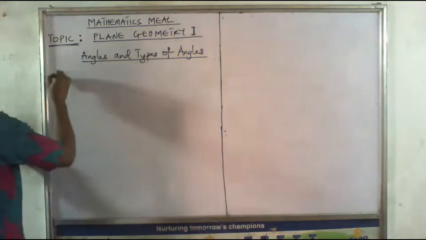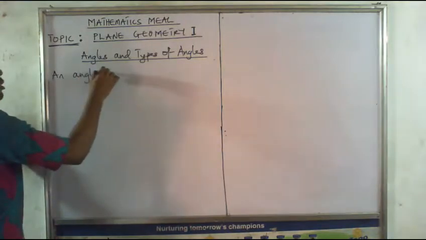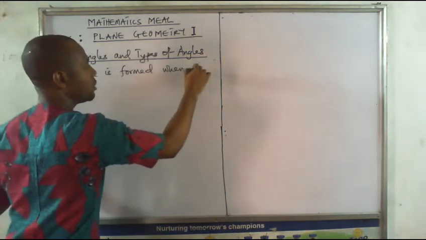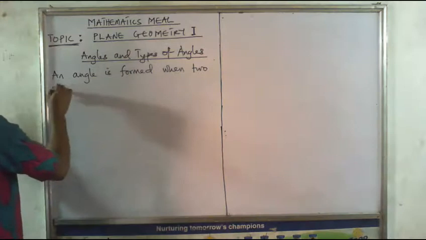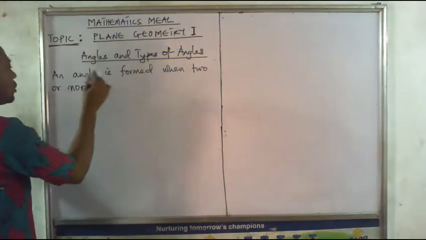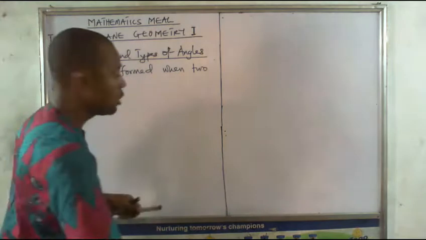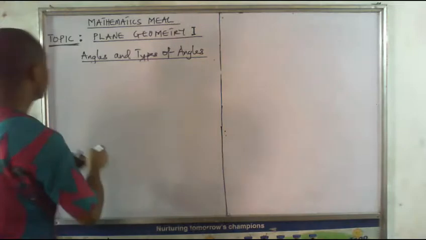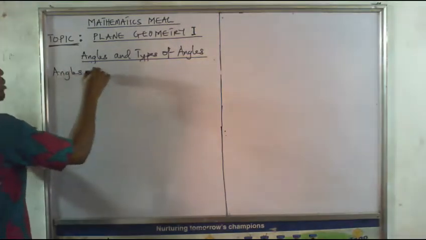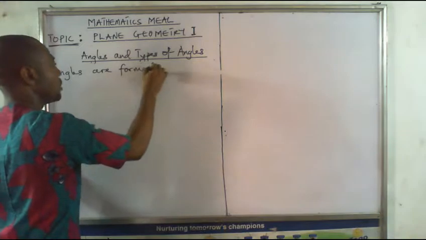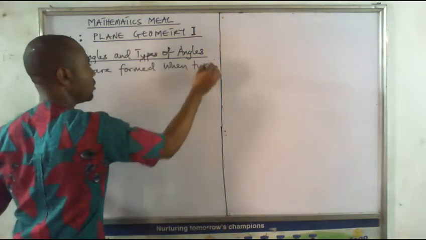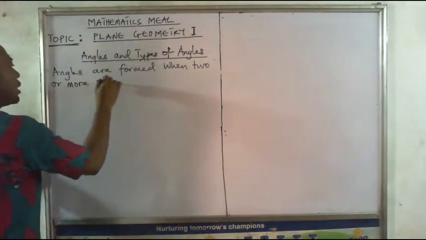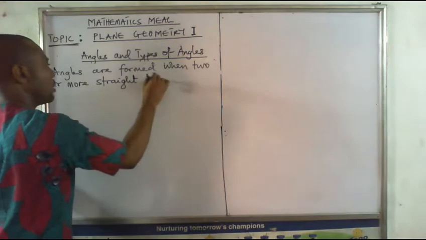So we say an angle is formed when two or more straight lines meet.